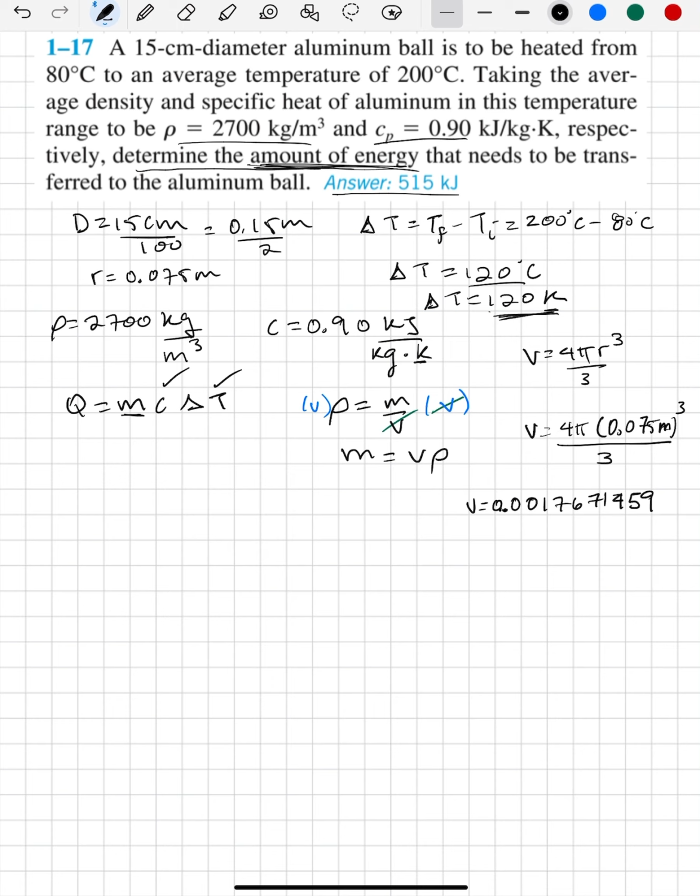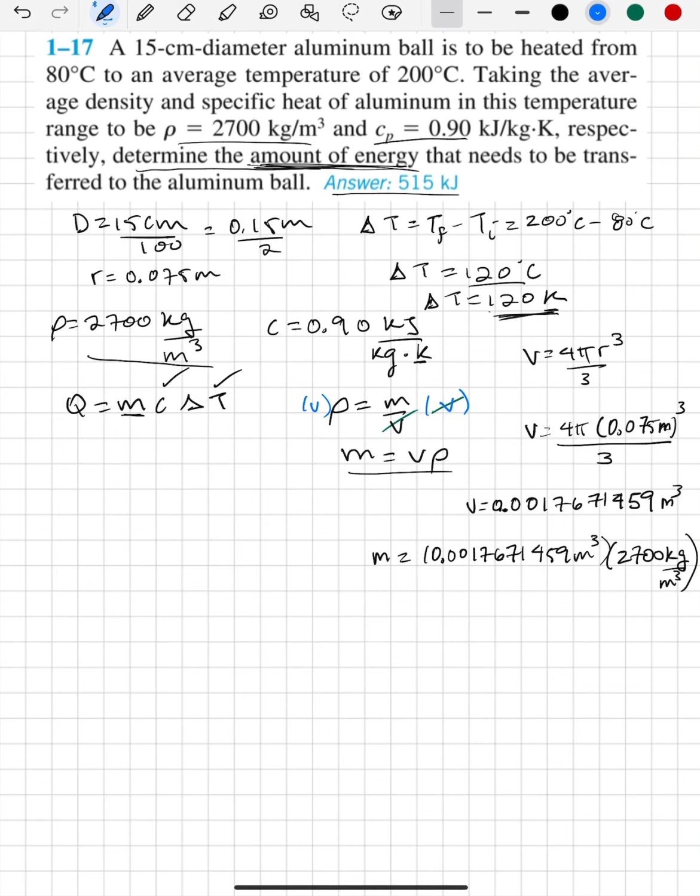Okay. Now I can actually find the mass. So the mass is equal to the volume, so that is 0.0017671459 meters cubed, and density, we know that is this much, so that's 2700 kilograms per meter cubed.